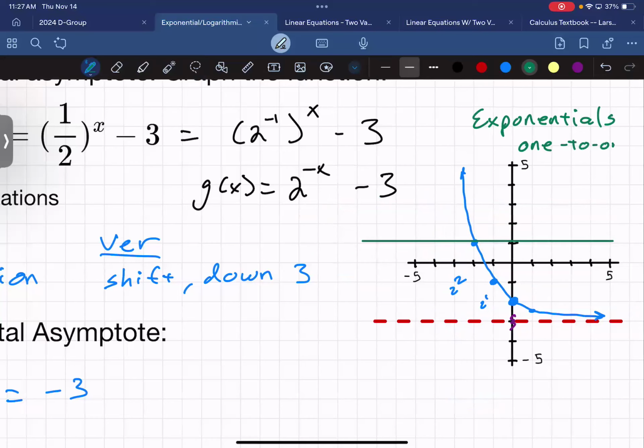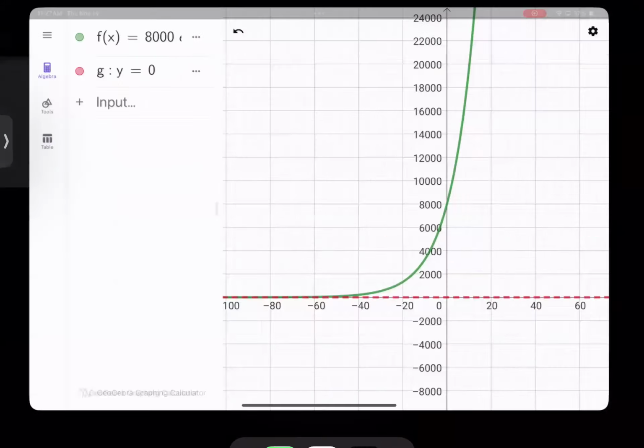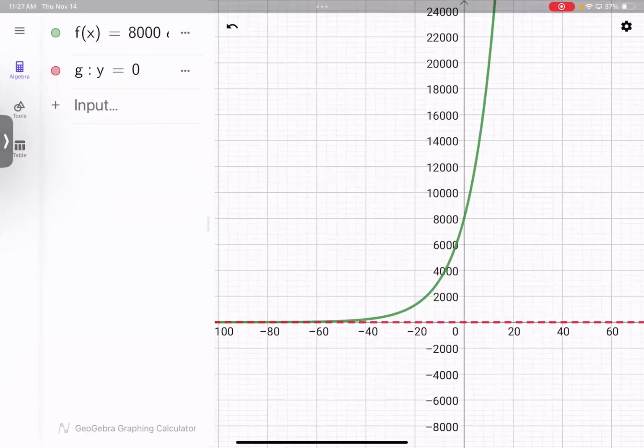Now, the reason that we like that, remember that for each X, there's only one Y, but that's a unique relationship. That means this Y value, particularly with this point, will never be used again. Well, if we go back to our graph here, I asked when we'll get to 16,000, right?